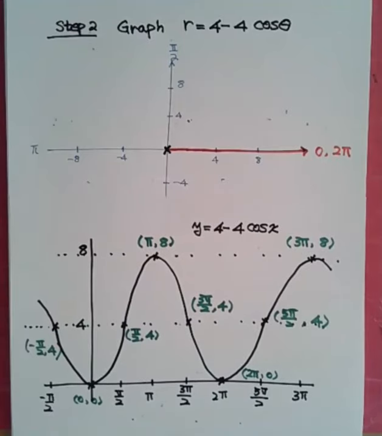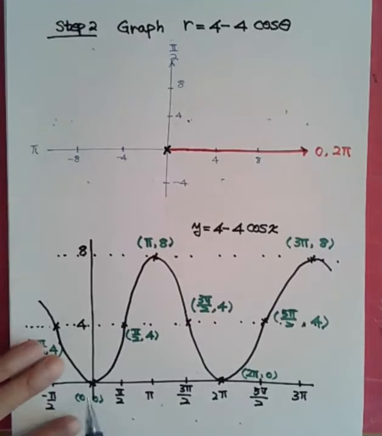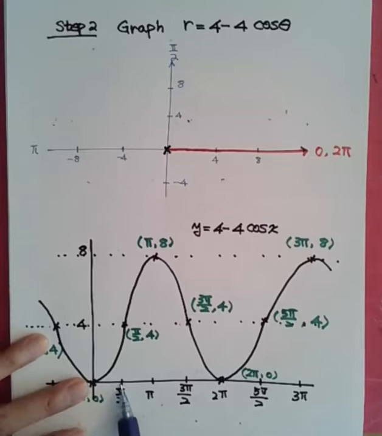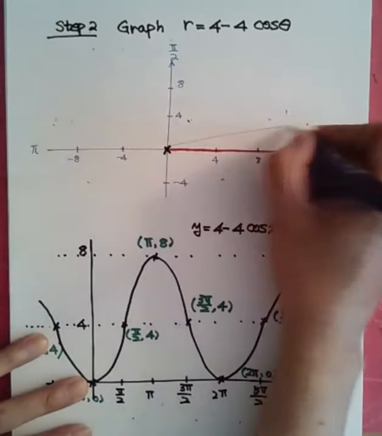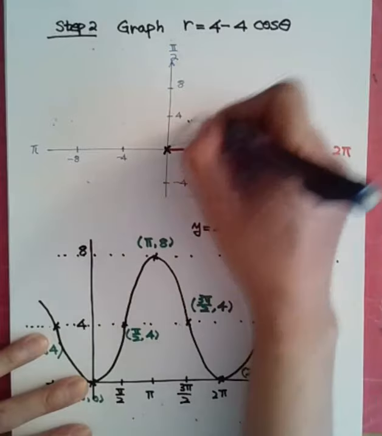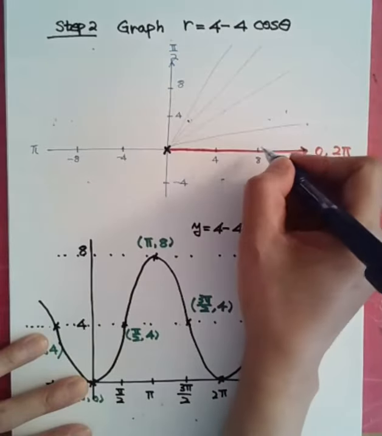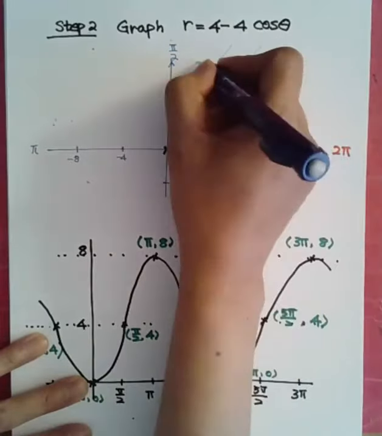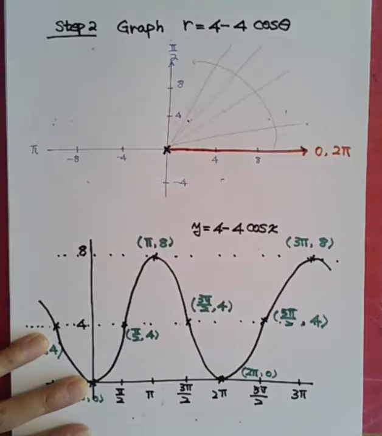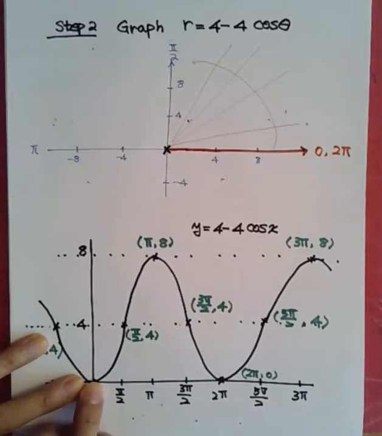And when angle varies between 0 and pi over 2, meaning we think about these angles, angle becomes larger and larger until it becomes pi over 2. The distance also increases until it becomes 4.